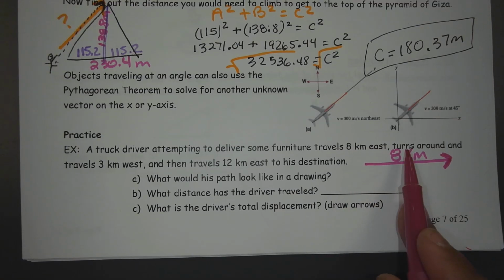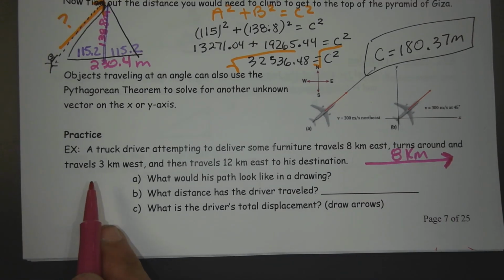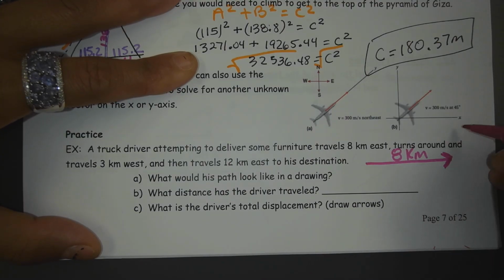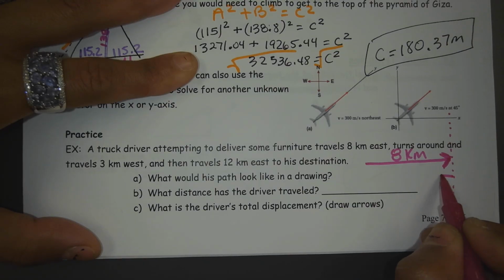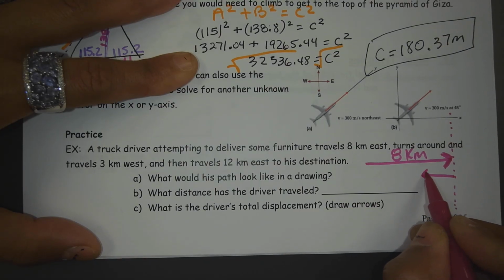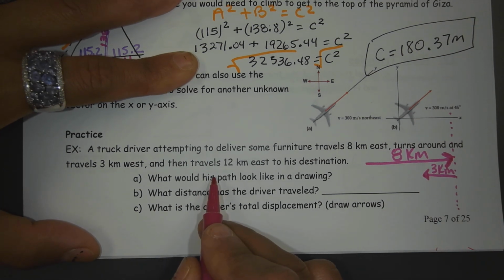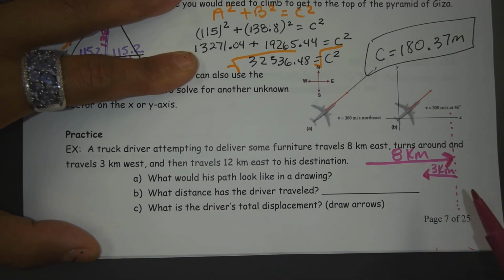Then after the 8, this driver turns around and does 3 kilometers west. So at this moment, this is where they went to. So I'm going to come over here and draw 3 kilometers. But wait a minute, this was messed up.